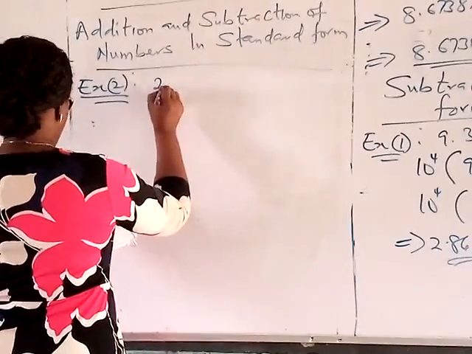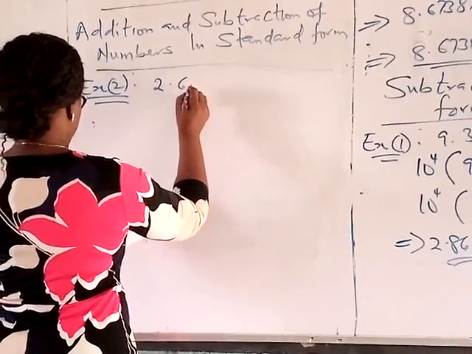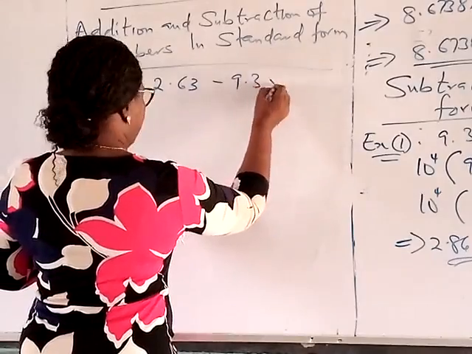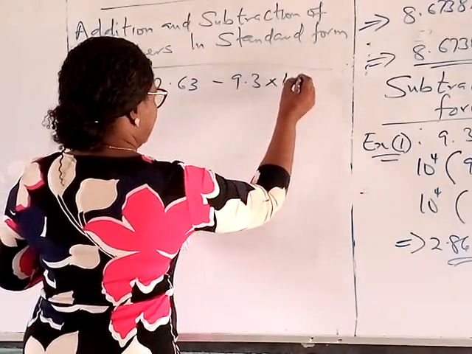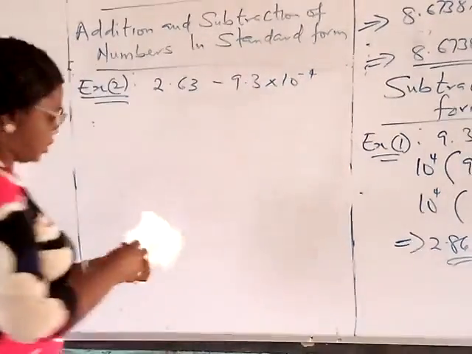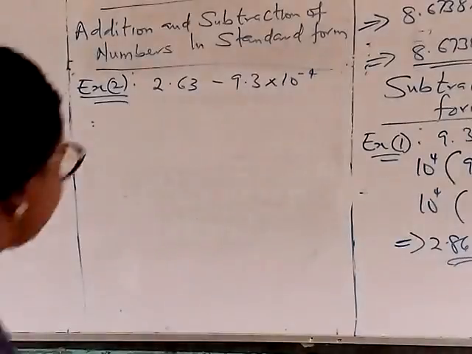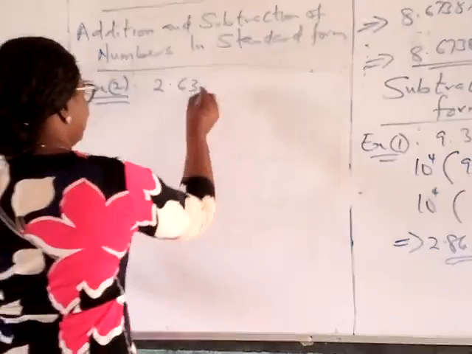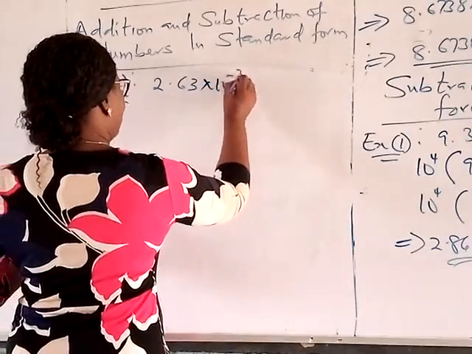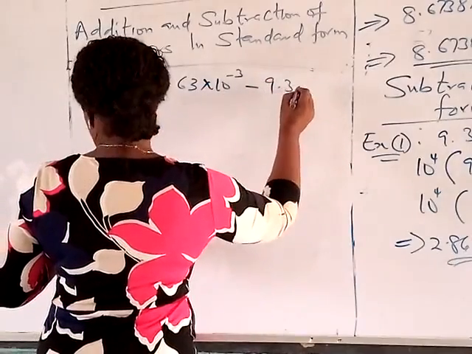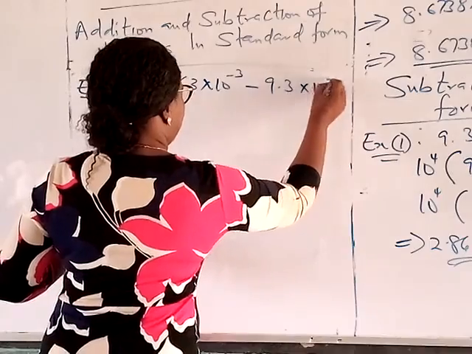We have 2.63 times 10 raised to power minus 3, then minus 9.3 times 10 raised to power minus 4. I've made a mistake, sorry. There's an omission there.